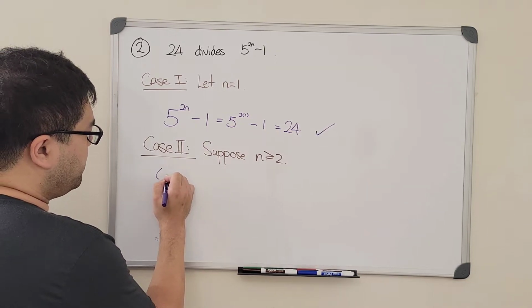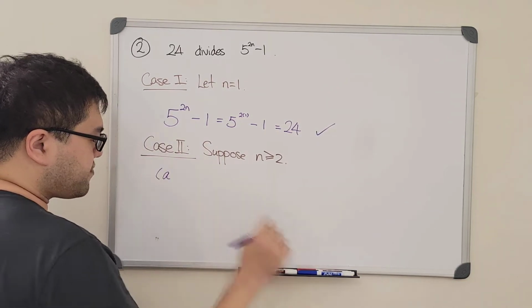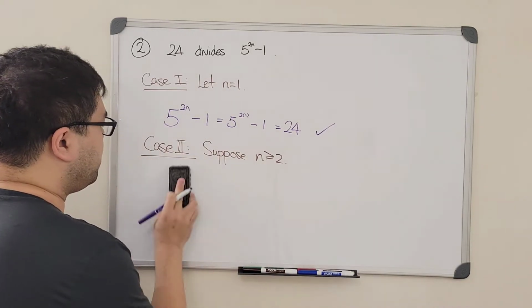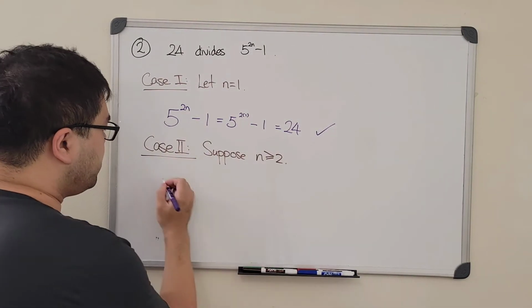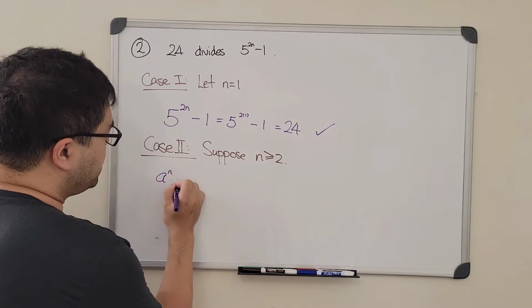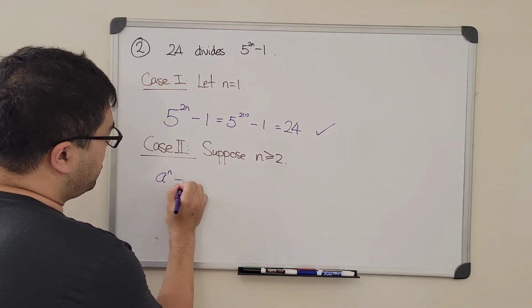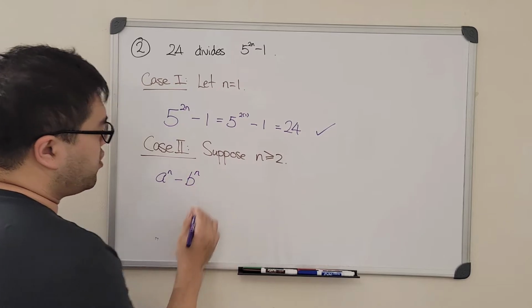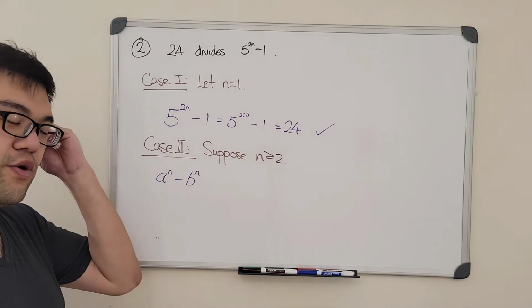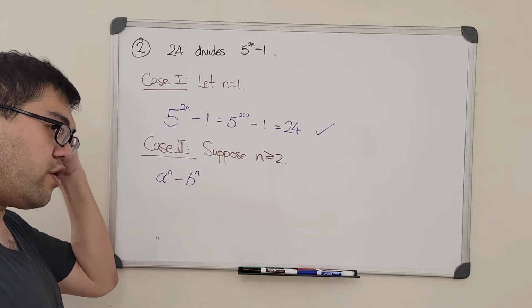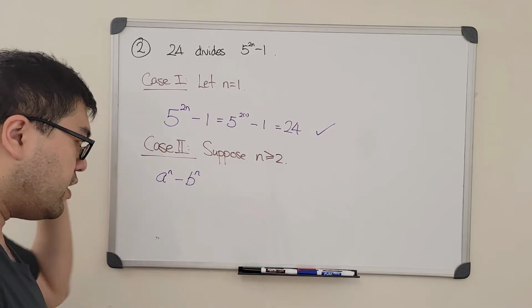If we have a binomial with the following expression, a to the n power minus b to the n power, with the condition n has to be greater than or equal to 2, so it will not work when n is equal to 1.